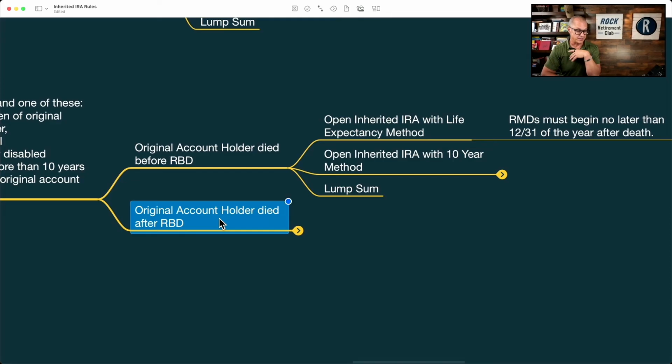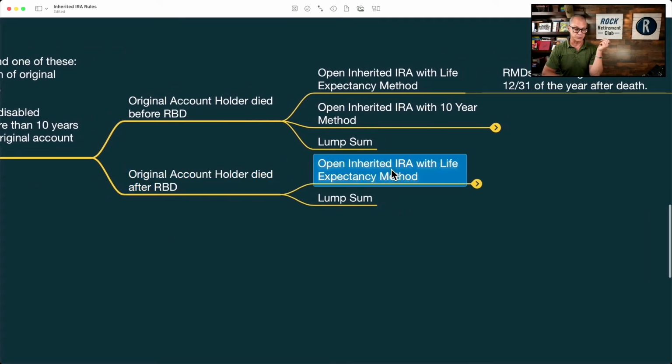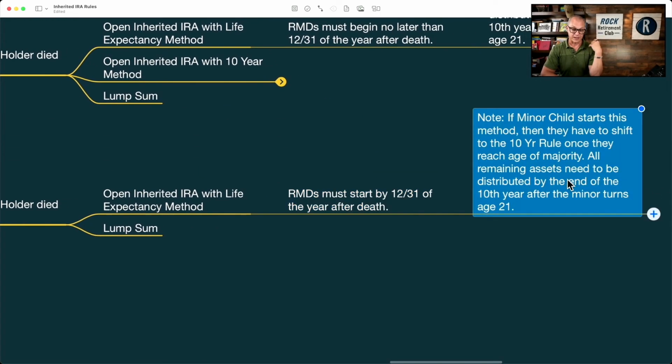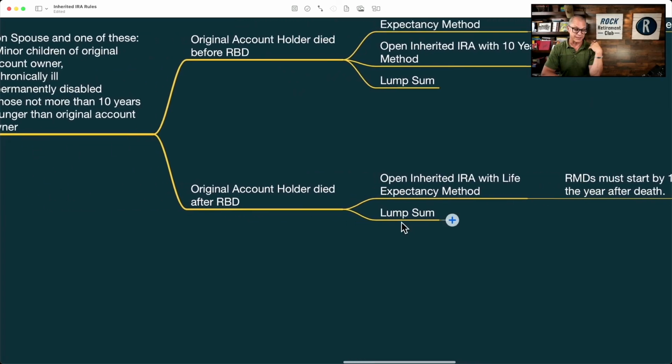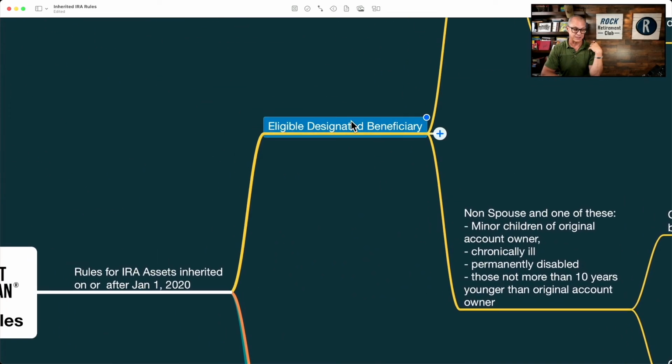And then what if they have already started required minimum distributions? Well, they can open an inherited IRA with life expectancy, and then RMDs must start in the year after the year of death. And again, the minor has that switch, or they can take a lump sum. So that is the eligible designated beneficiaries.